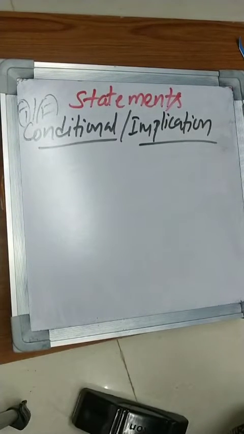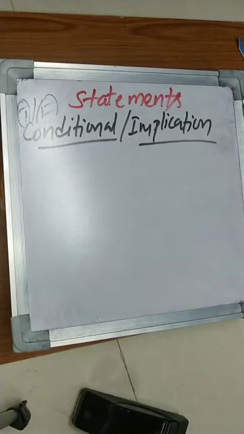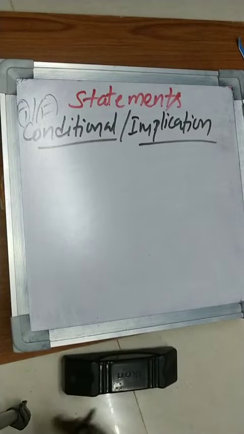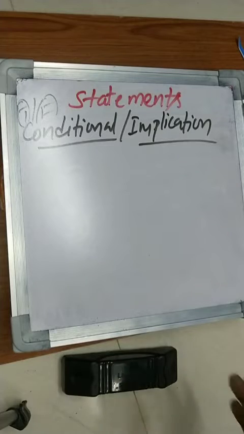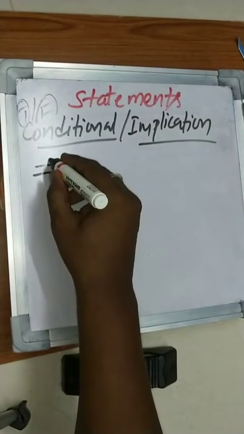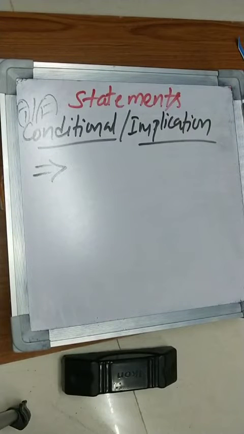Conditional, its other name is implication. Conditional is also known as an implication. Its symbol is implies. Normally we will use this implies. It is read as if-then.